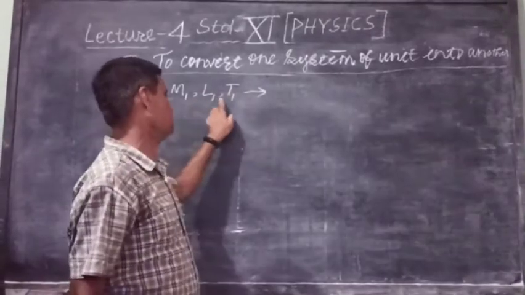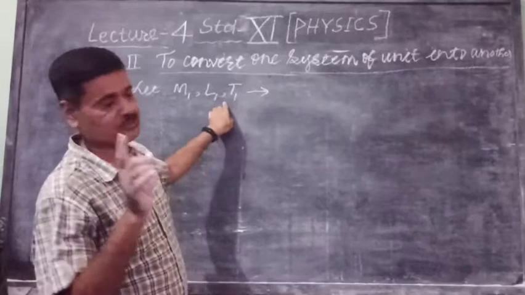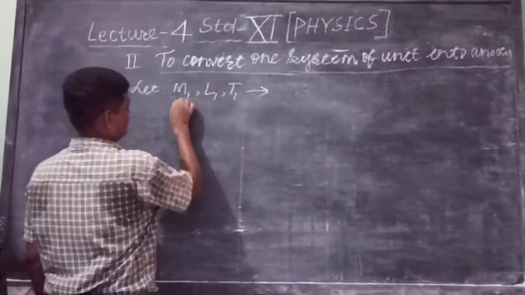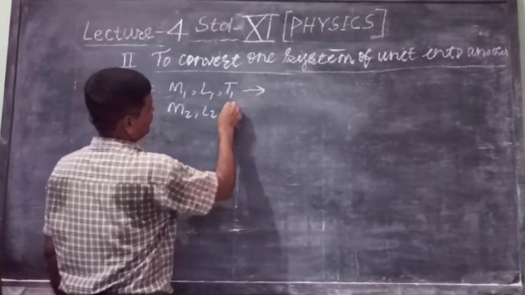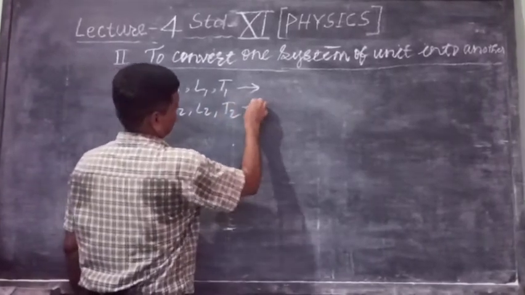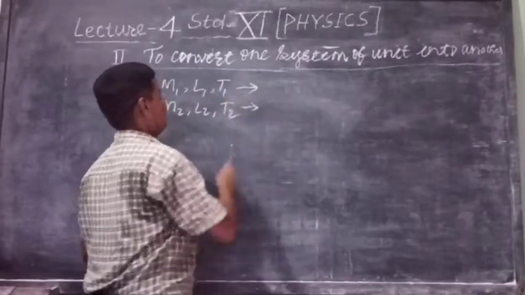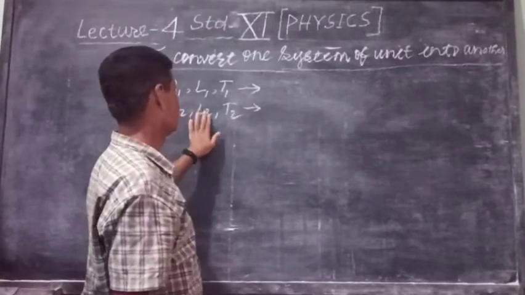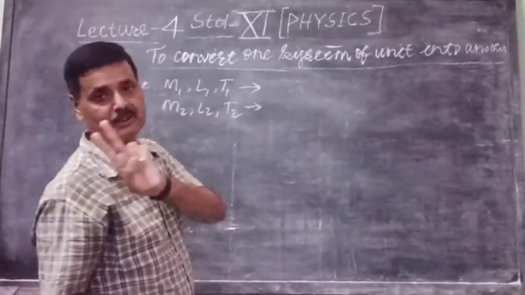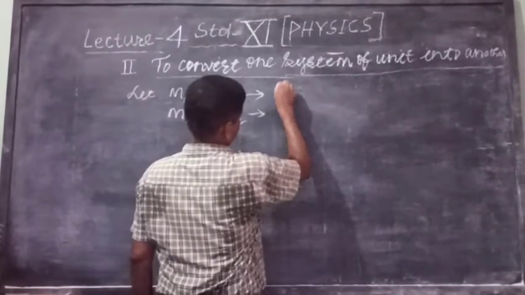The subscript indicates the value in the first system, and M2, L2, T2 are the mass, length and time of the second system of unit.